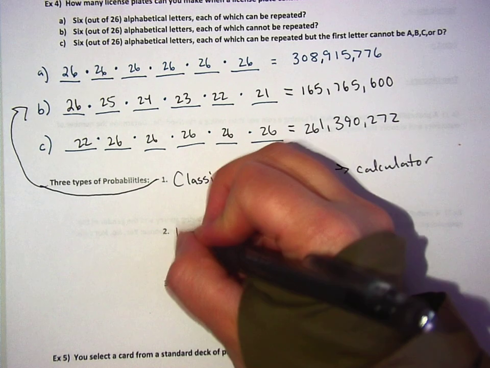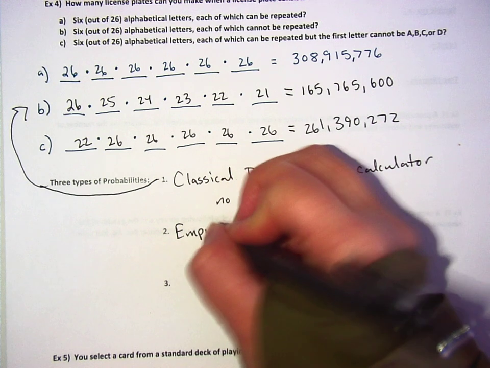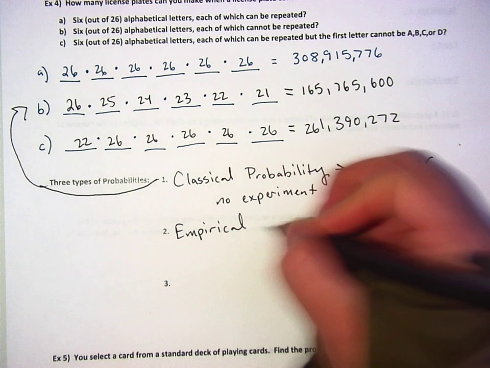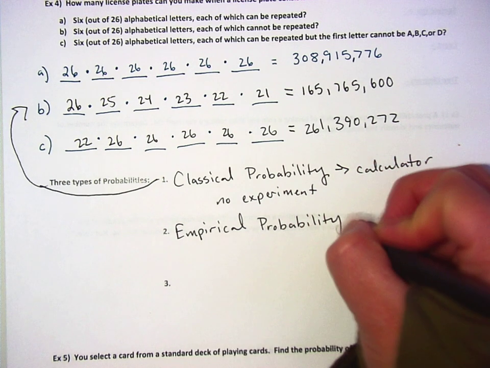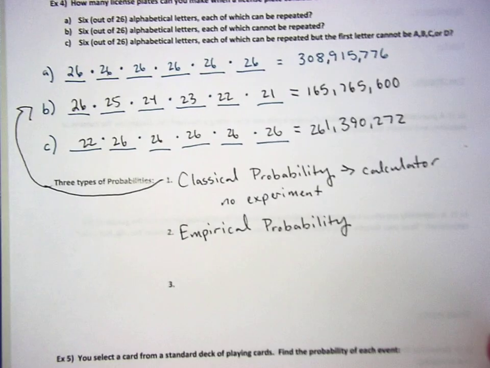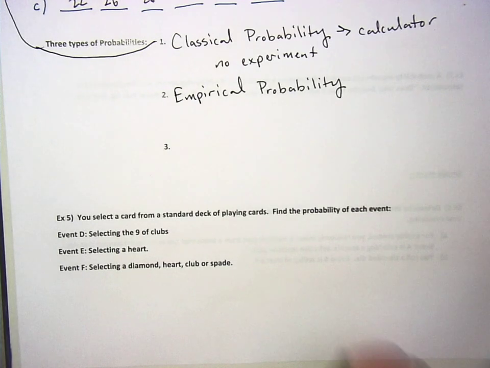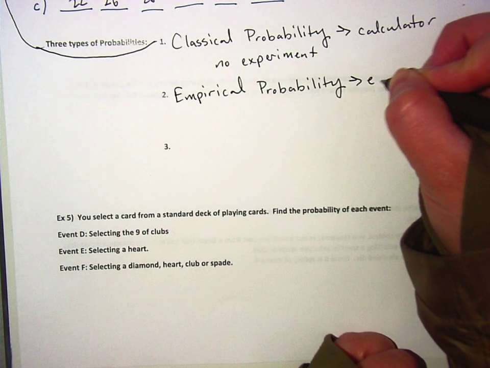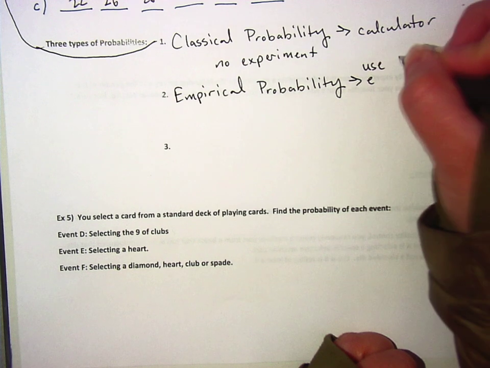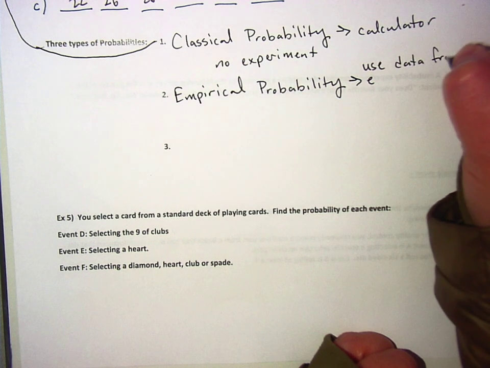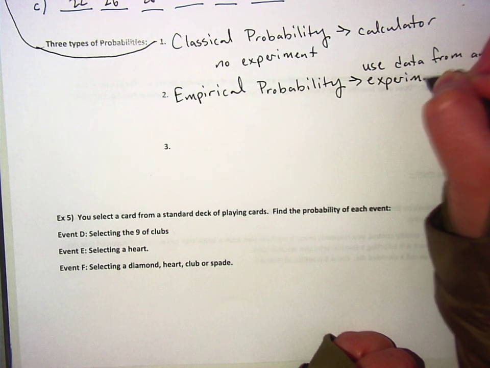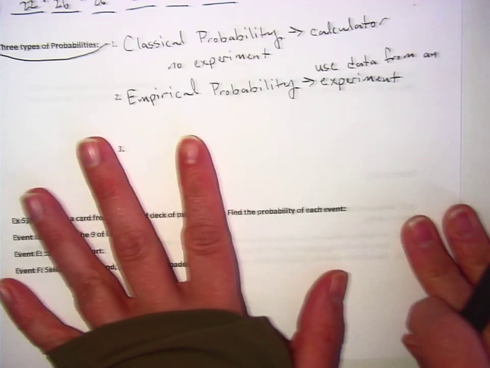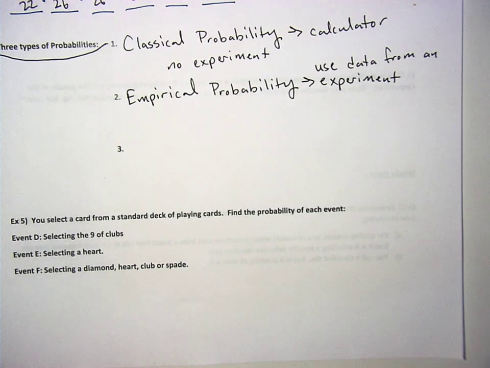Next one's called empirical probability. And that one is where you use data from an experiment, or just data you collected in a study somehow.